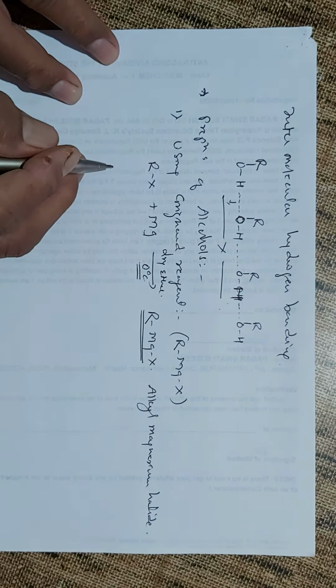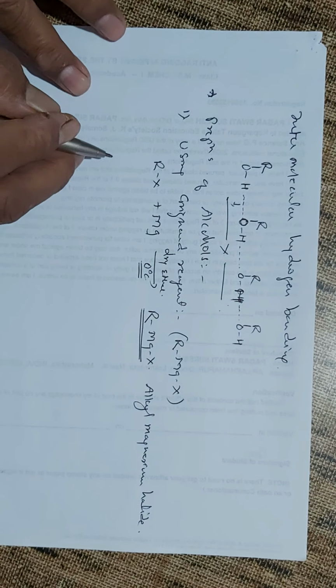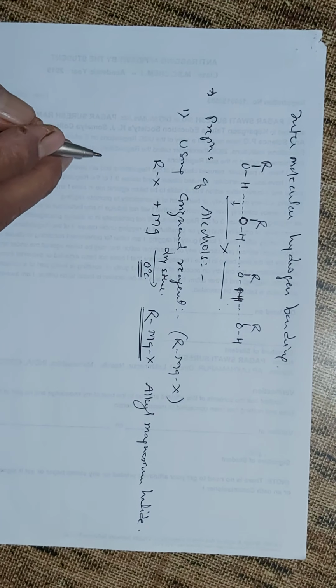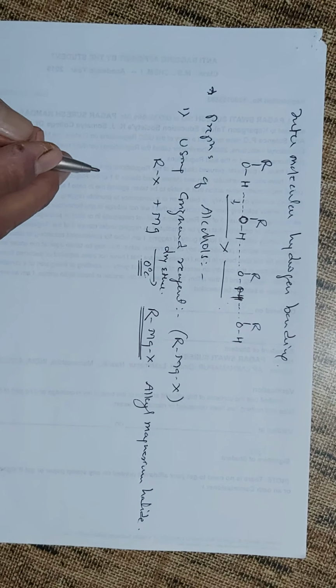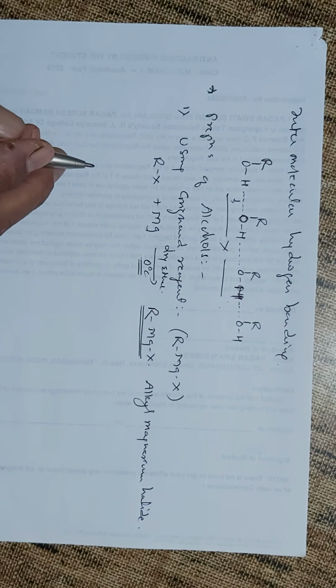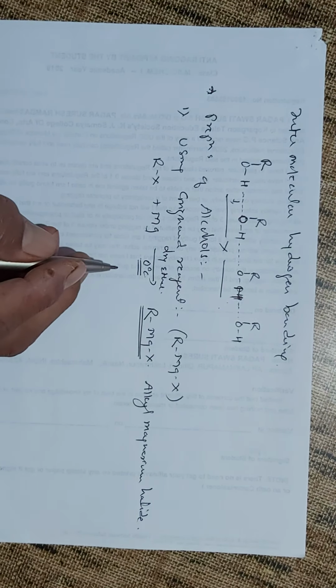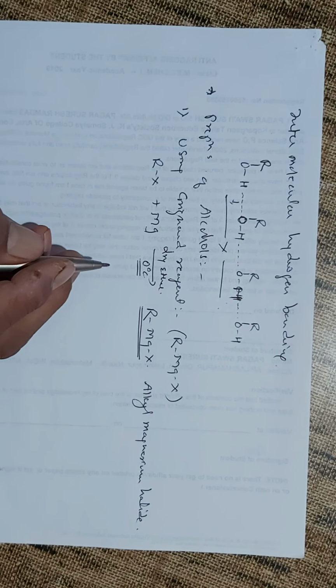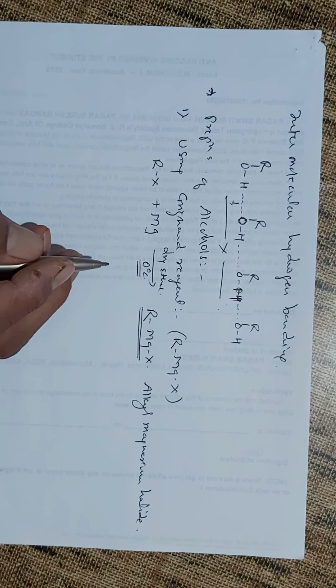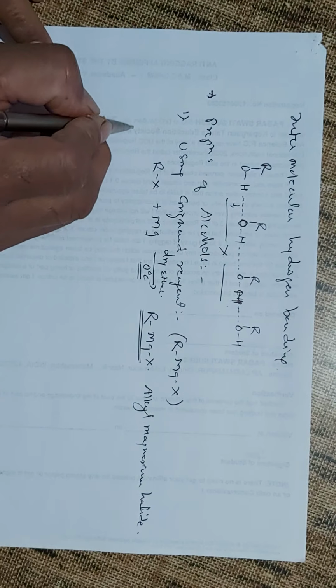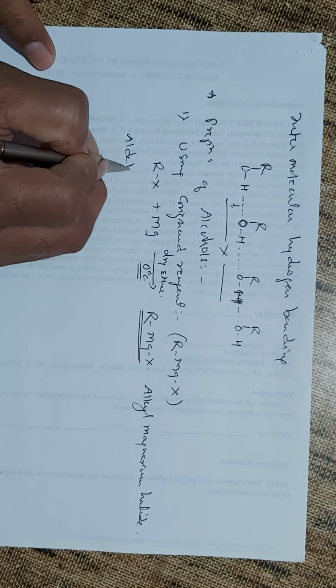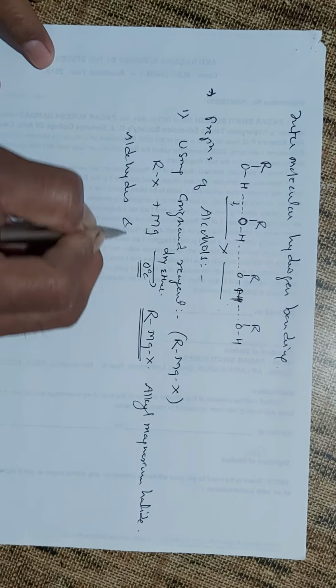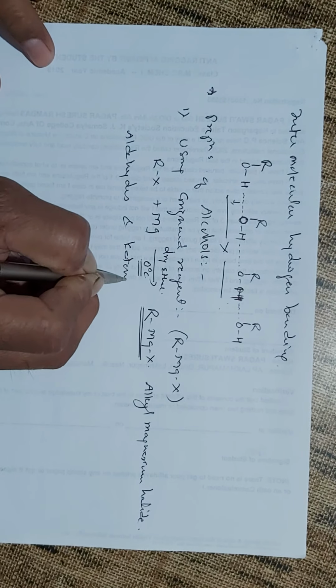So we can prepare primary, secondary and tertiary alcohols by treating aldehydes and ketones with Grignard's reagent.